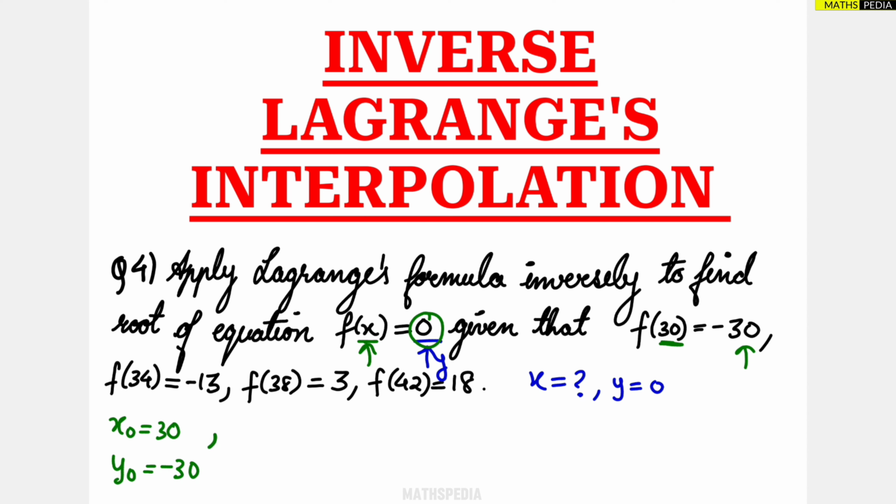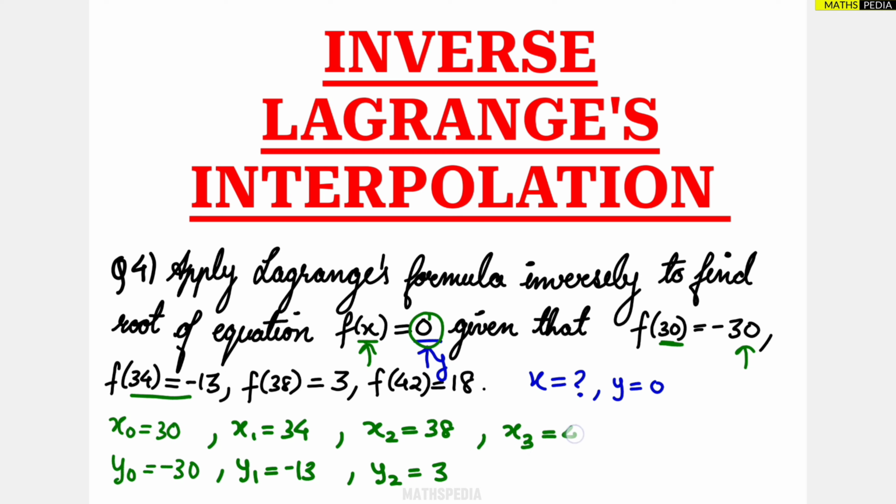Next, x1 is given as 34 inside the bracket, y1 is given as minus 13. x2 is given as 38, and the corresponding y2 value is 3. And x3 is given as 42, the corresponding y3 value is 18.